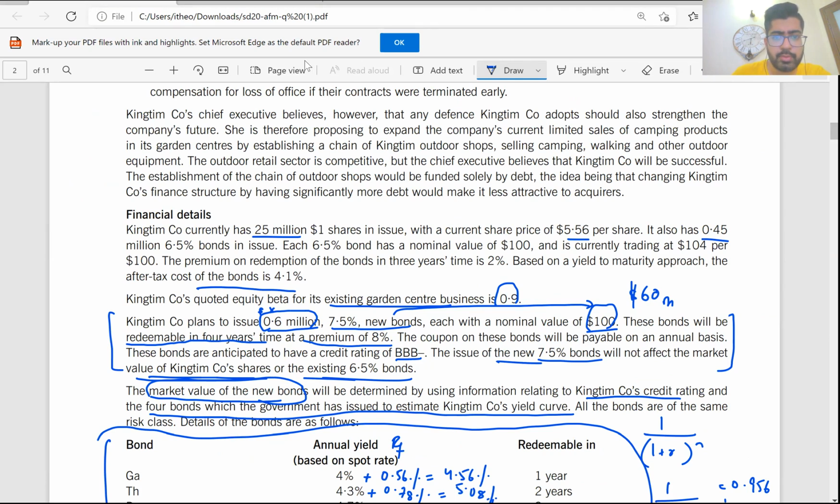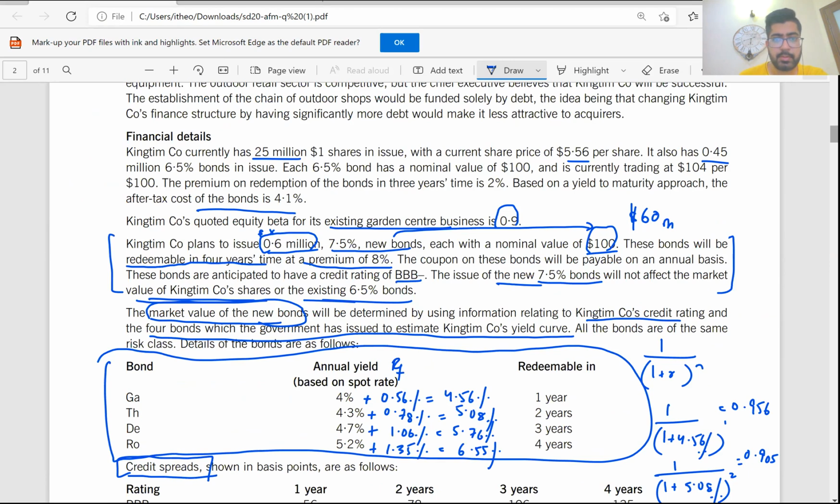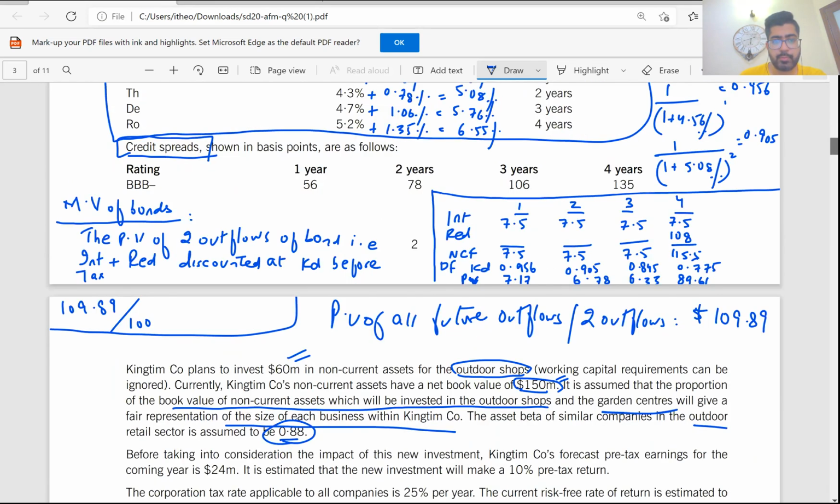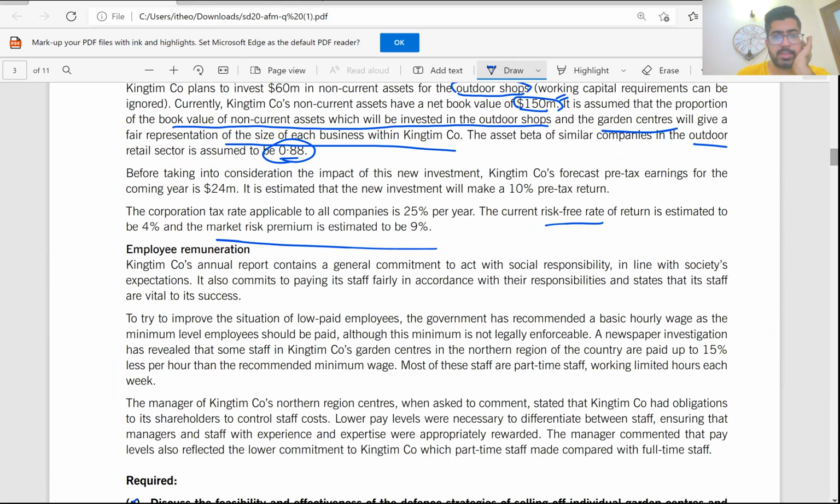The CEO's proposal is to expand the company's current limited sales by establishing a chain of outdoor shops. The establishment of the chain of outdoor shops will be funded by debt. So, the impact of CEO's proposal on after-tax earnings.